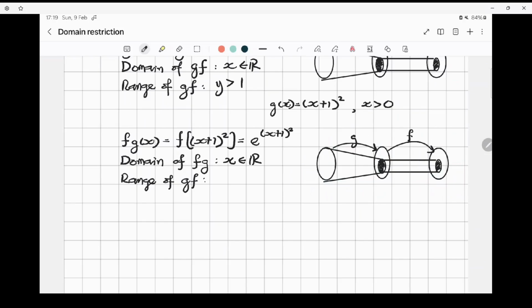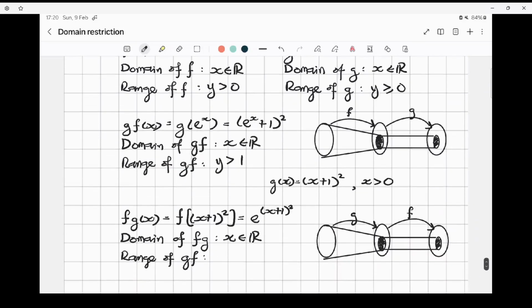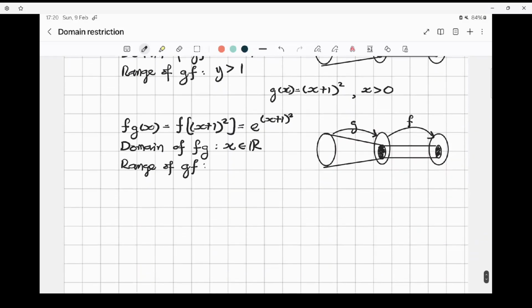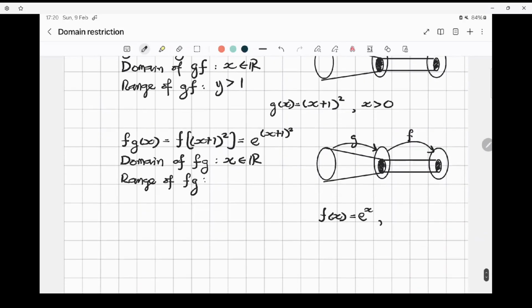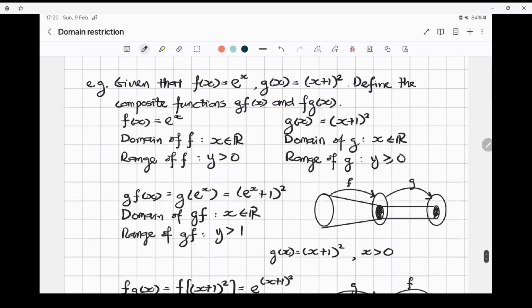So what happens is your second function, sorry, this is not gf, this is fg. So it is as if you are defining your fx, which is your second function, given this particular domain, which is the range of g.